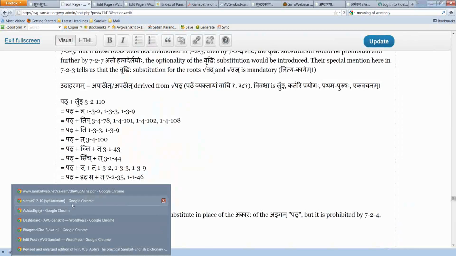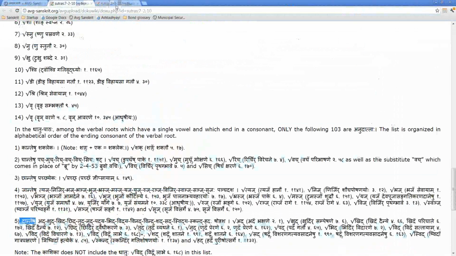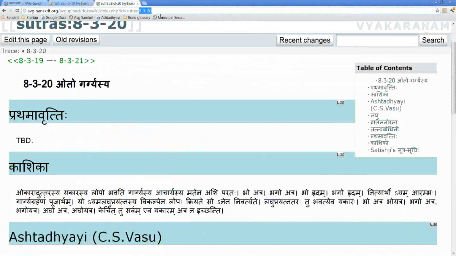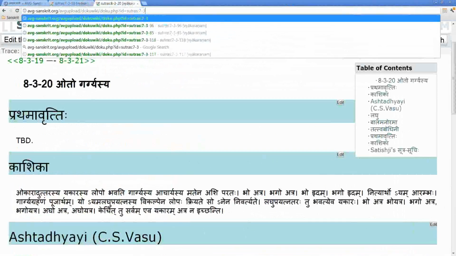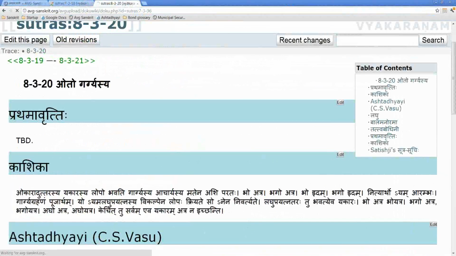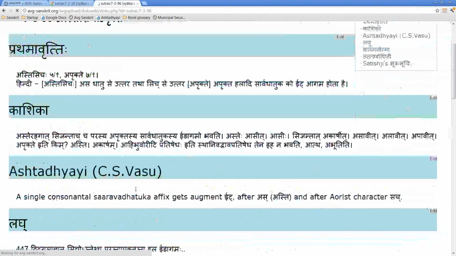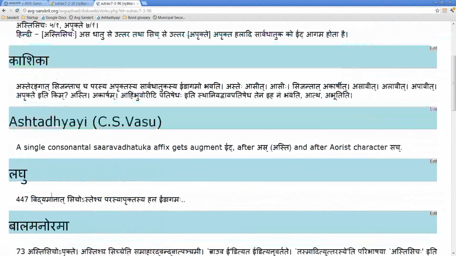7.3.96. We have studied this sutram previously also. Asti sicho prukte. Let's see: vidyamana sichaha astescha apruktasya halaha. It also has to be a hal letter. Halaha idagamaha.